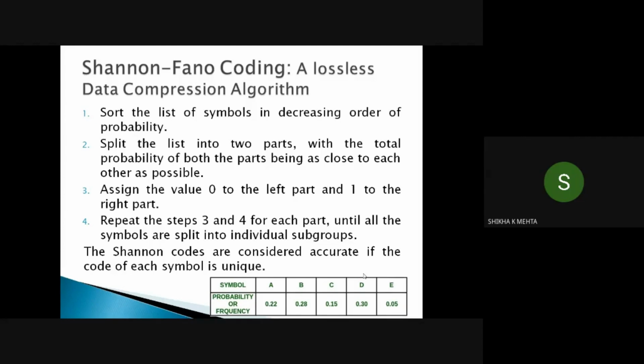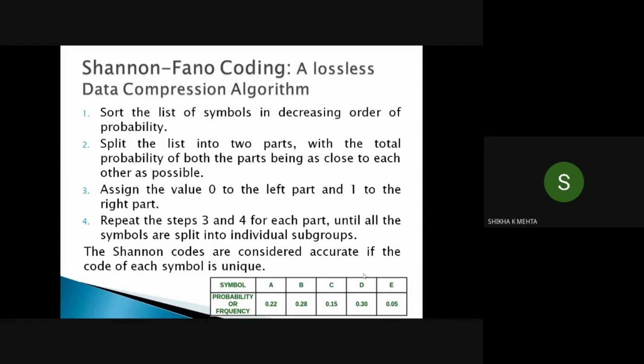Either you can have the probability of a particular alphabet in the given text, or you can have the frequency of the particular alphabet in the given text. In this technique, we split the list into two parts, with the total probability of both parts being as close as possible.